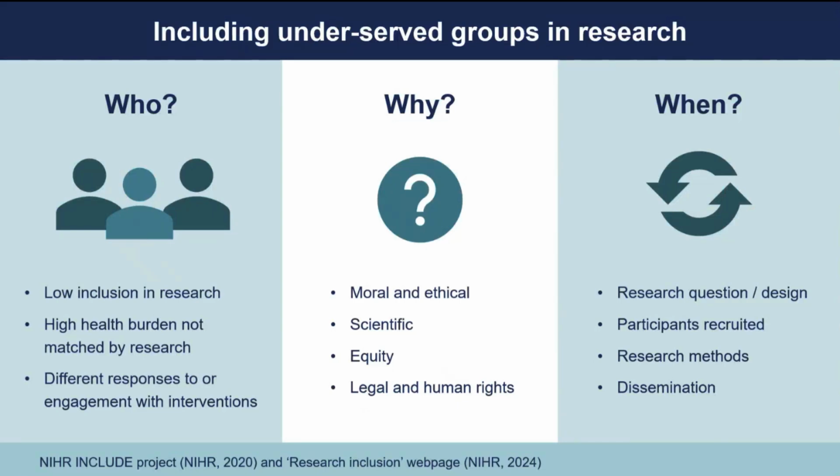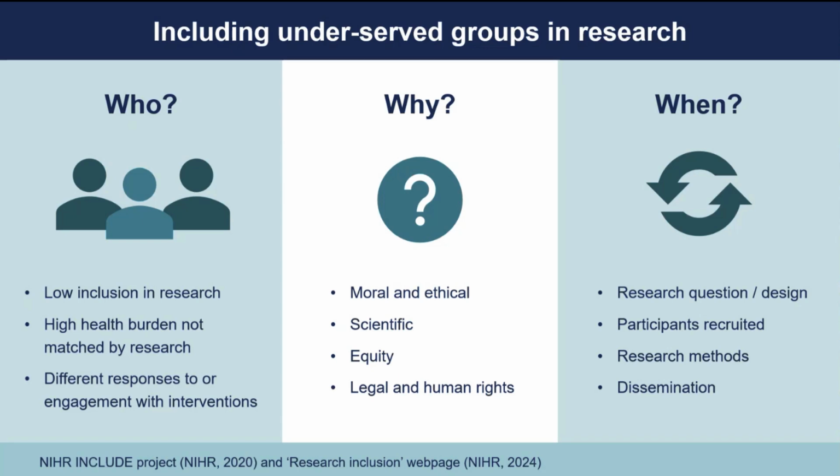So first of all, I just wanted to clarify what we mean when we talk about an underserved group. And that's a term that's been advocated by the NIHR's Include project. And that highlighted there isn't a single definition of an underserved group, but some characteristics that are common to many underserved groups include lower inclusion in research than would be expected from the population estimates, having a high health burden that's not matched by the volume of research for the group, and having different responses to engagement with interventions, with research not accounting for those factors.